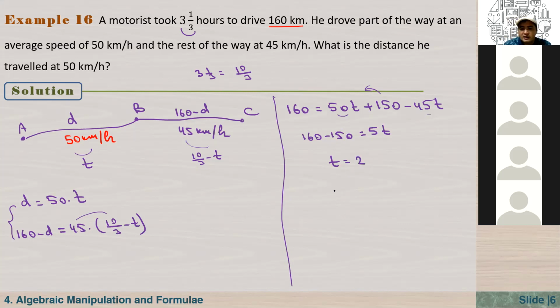That means that this guy actually took 2 hours to travel from A to B. So what is the question? What is the distance he traveled at 50 kilometers per hour, right? That means that we need to find this d. So the answer is that the distance he traveled at an average speed of 50 kilometers per hour is 50 times 2. That's equal to 100 kilometers. So the answer is 100 kilometers.